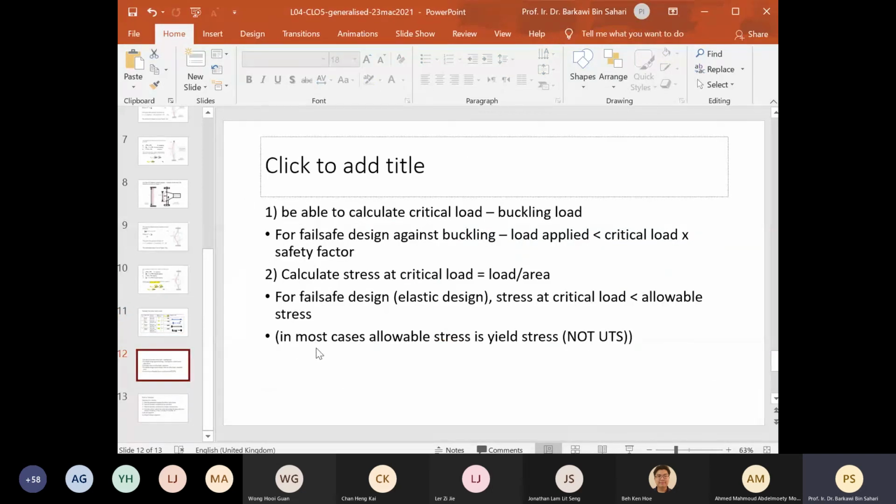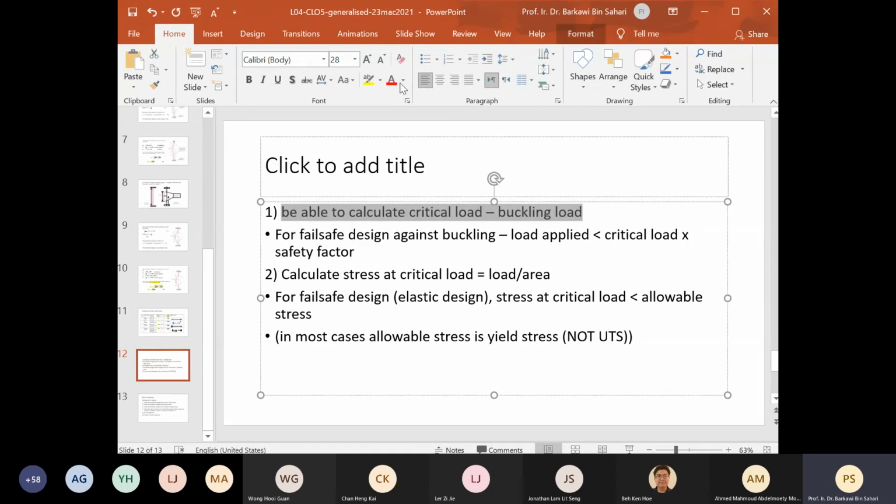Okay, now we conclude. The skill that you should be able to do is calculate the critical buckling load and apply that into fail-safe design. Calculate the stress at critical load and limit those stresses to the allowable limit.